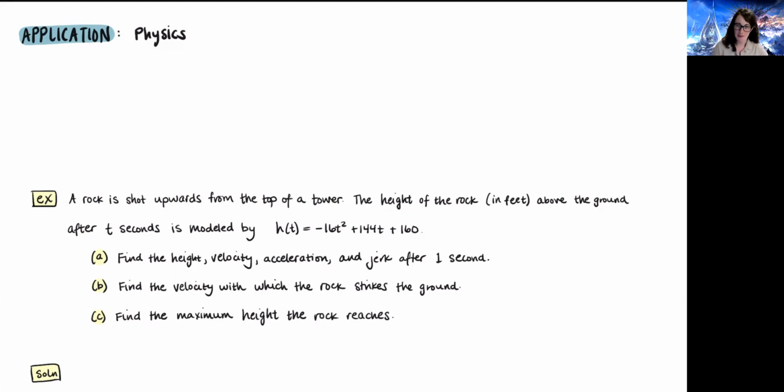So we've been talking about the first, second, third, fourth, fifth, thousandth derivative. And in physics, these have specific names. So we start with an original function.